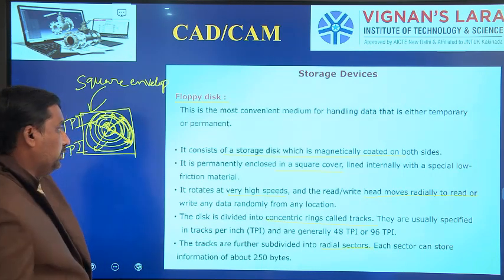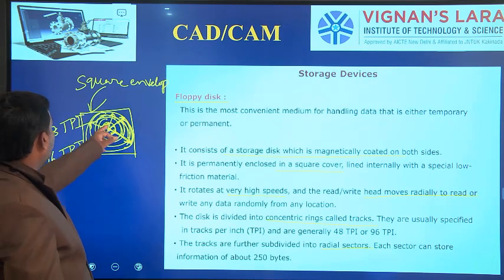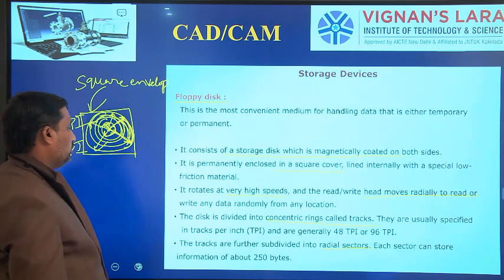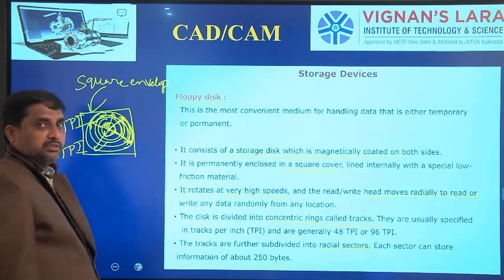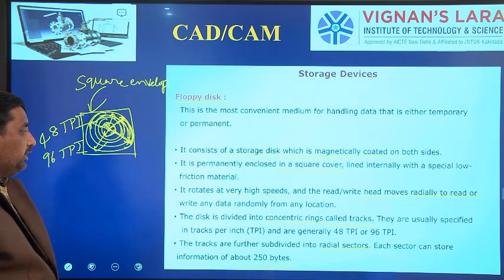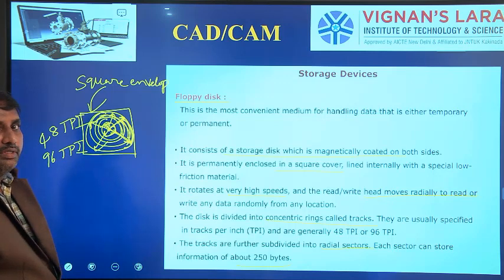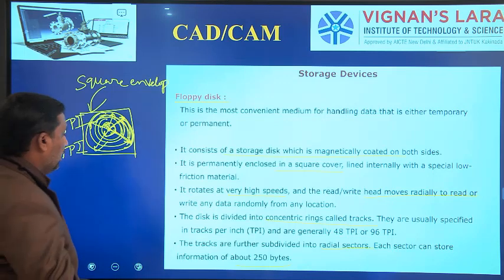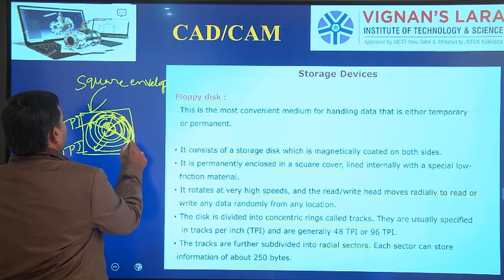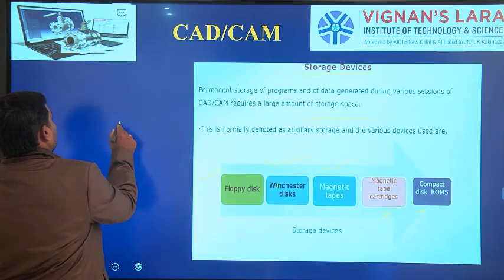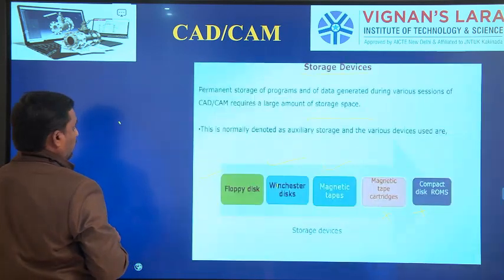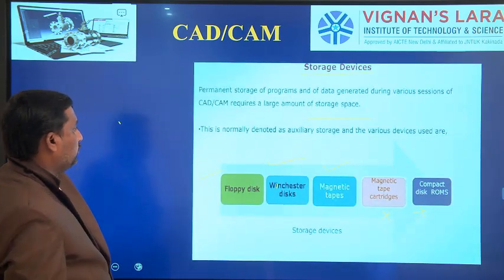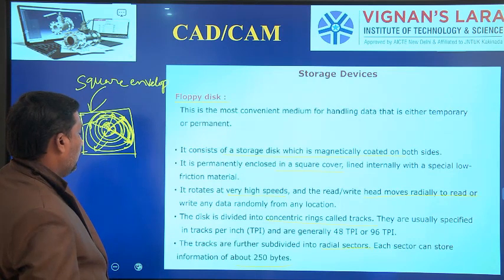Each sector can store about 250 bytes. You should know how many bits are in 1 byte. This is the radial sector.